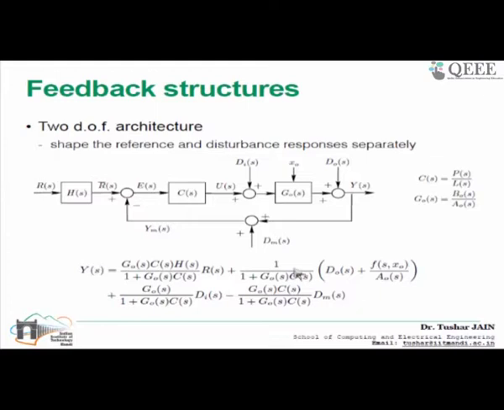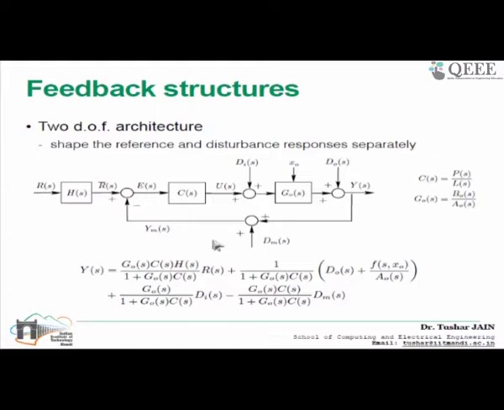So the approach I took was to design this controller C of S such that it shapes the response with respect to the disturbance.